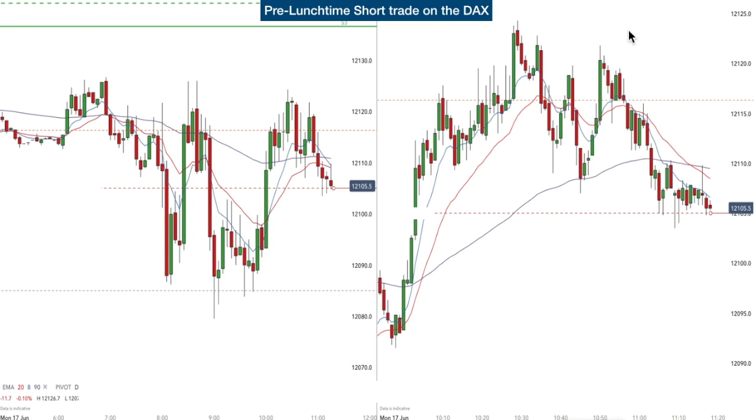I think that moving averages are quite important in trading for one reason and one reason only, because they represent value. And when the market is being rejected lower from value levels, and also when the market is rejecting higher from value levels, then that tells a story.